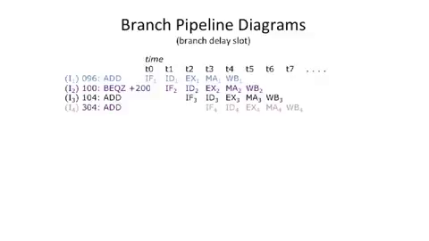This is assuming, though, that this add is doing useful work. Now, this is really important to say because the compiler or the program writer has to put something here. And if they can't put anything useful, they're going to have to put a no-op. And that's not useful work, doing a no operation.